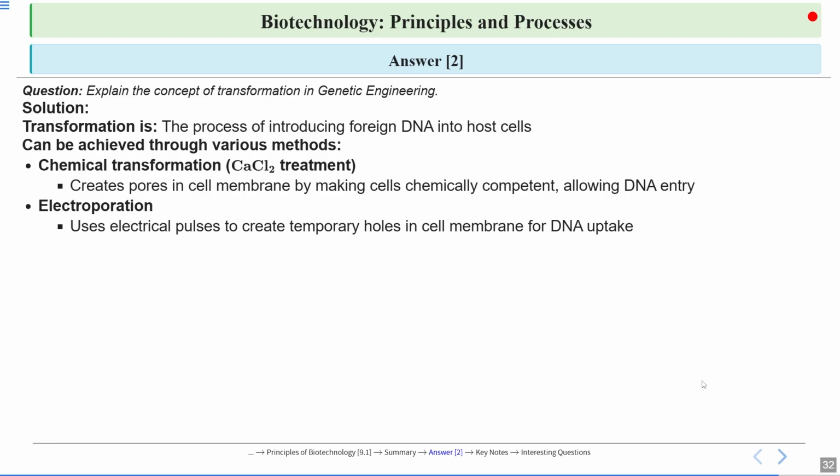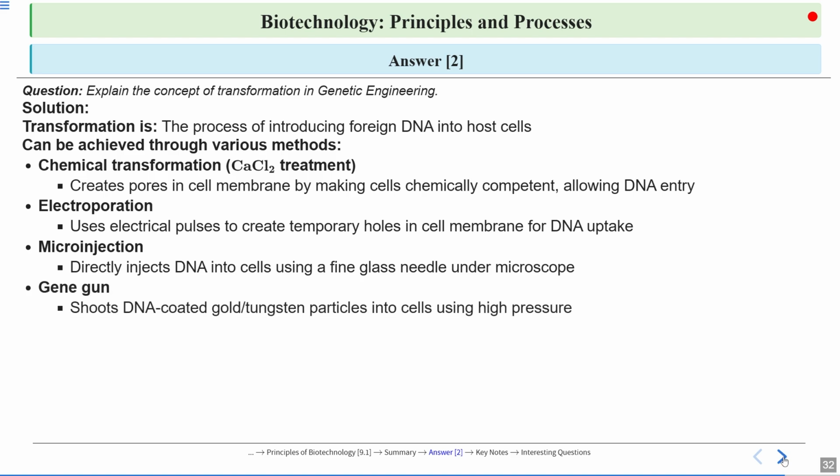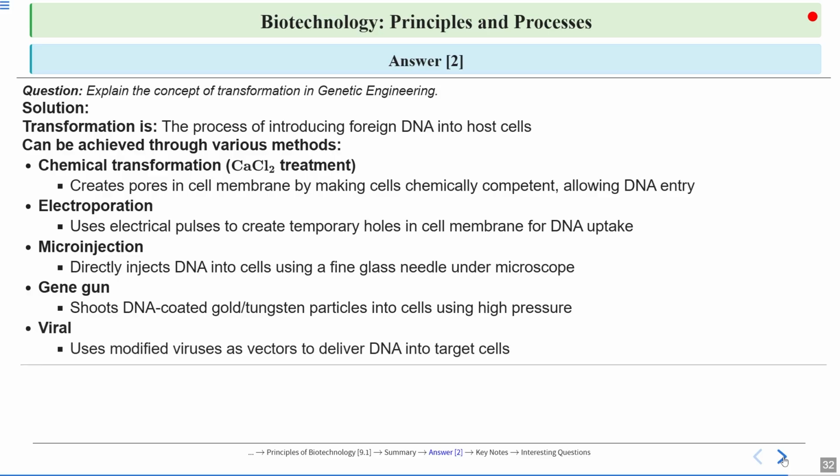Second is electroporation, in which we use electrical pulses to create temporary holes in the cell membrane so that it can take up the DNA. Microinjection directly injects DNA into cells using a fine glass needle under a microscope. Gene gun shoots DNA-coated gold or tungsten particles into cells using high pressure. Viral, where we use modified viruses as vectors to deliver DNA into target cells.